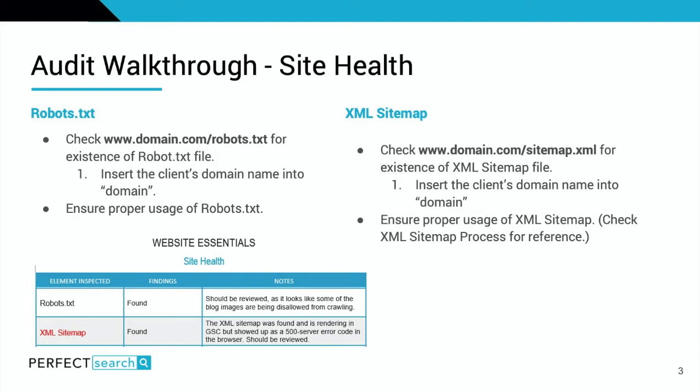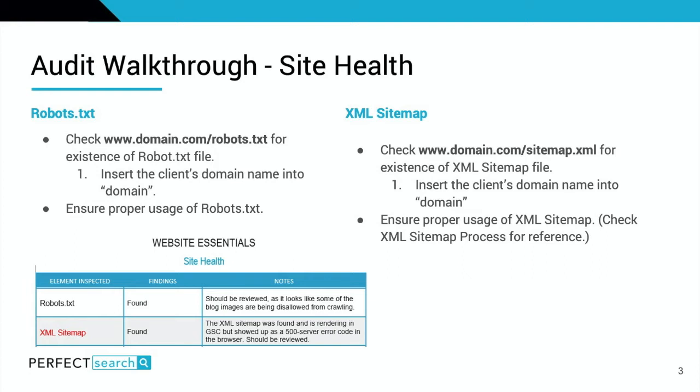So first, for the robots.txt file, you want to see that it exists. So to check that, you would go to the website, so whatever it is, domain.com/robots.txt. That string is how you can find any website's robots.txt, and also for your own client, or this example, how you can see if they have one.